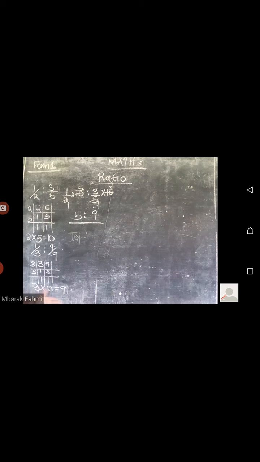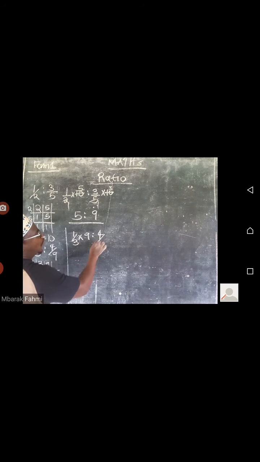Now, if you know the LCM directly, there is no need of following all these steps. For example, there are people who already know the LCM of 3 and 9 is 9. Therefore, you just use that value and calculate. So here, a third multiplied by 9 is to 4 over 9 also multiplied by 9.